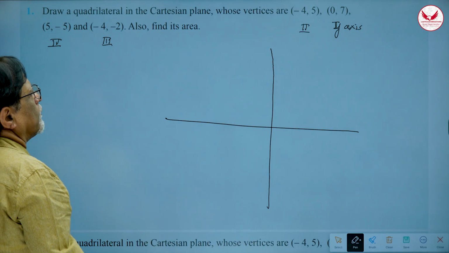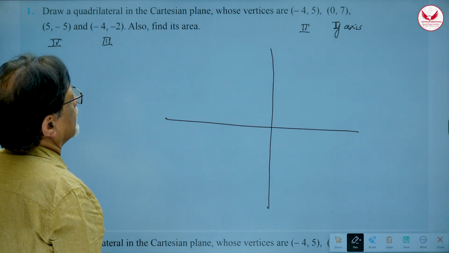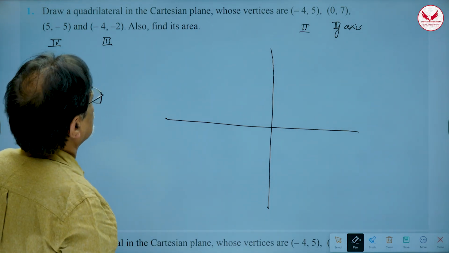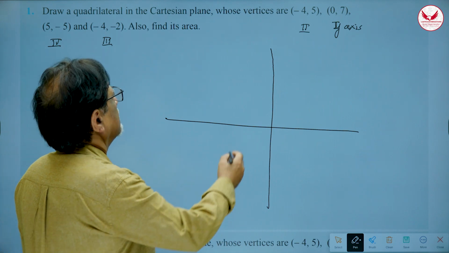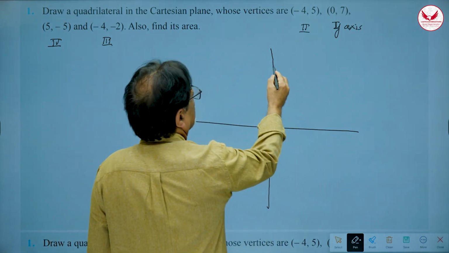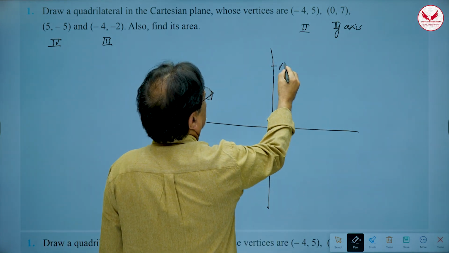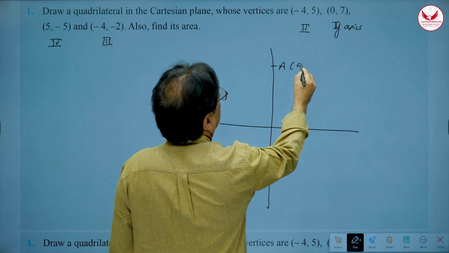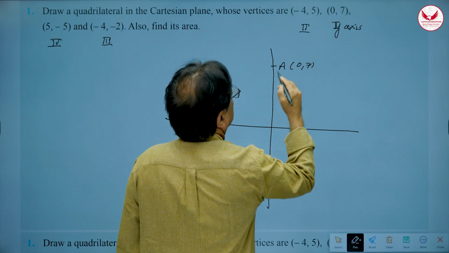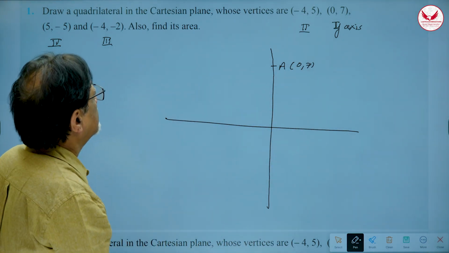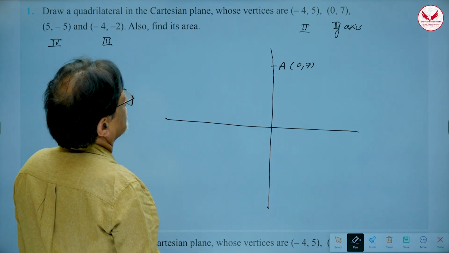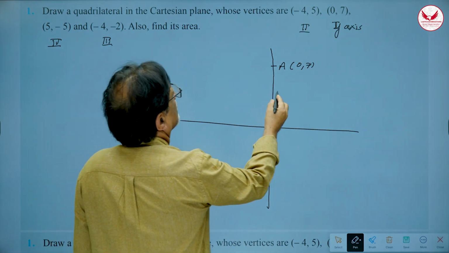Now we are going to arrange them according to the quadrants. The point on the y-axis will be called A, whose coordinates are (0, 7). Then the second quadrant point is (-4, 5).